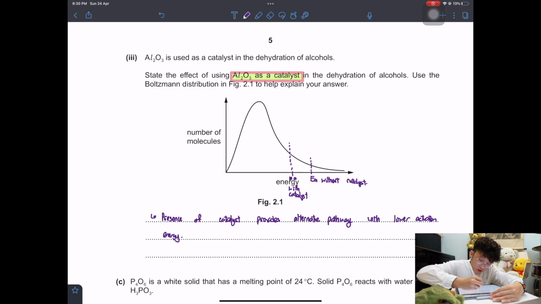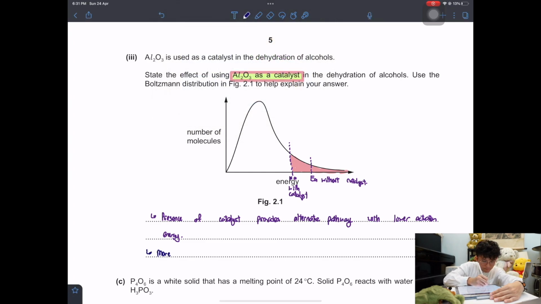Okay, so in which this entire section will react. Do you see that the area is more than twice, I think? So the rate of reaction increases a lot. So right now you have more particles with energy greater than activation energy.